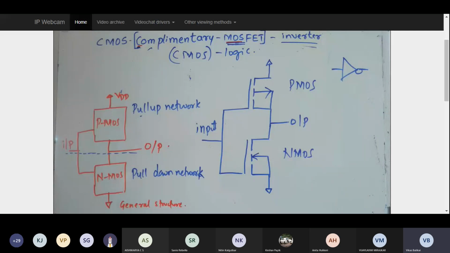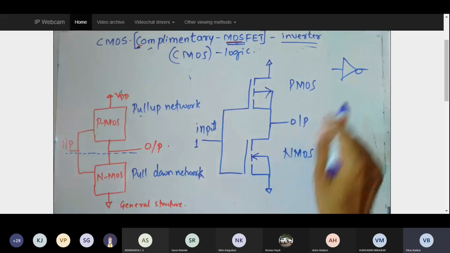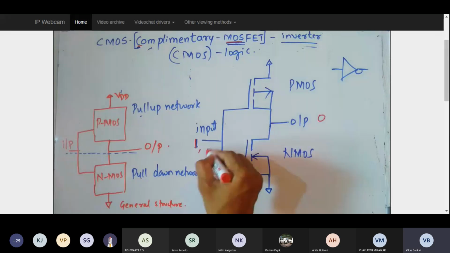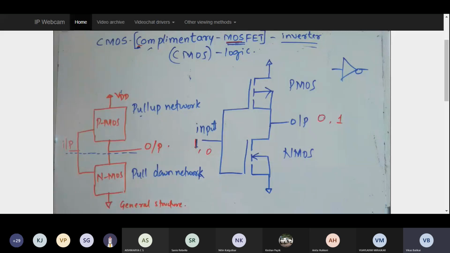If I give input as 1, I should get output as 0, and if I give input as 0, I will get output as 1. Let us try to understand whether I get this output or not. To do that, I should first understand the entire working of MOSFET, which we have done. So let me cut this out.